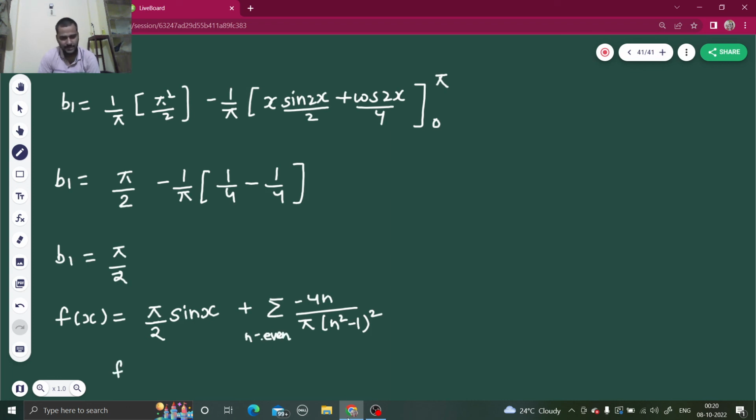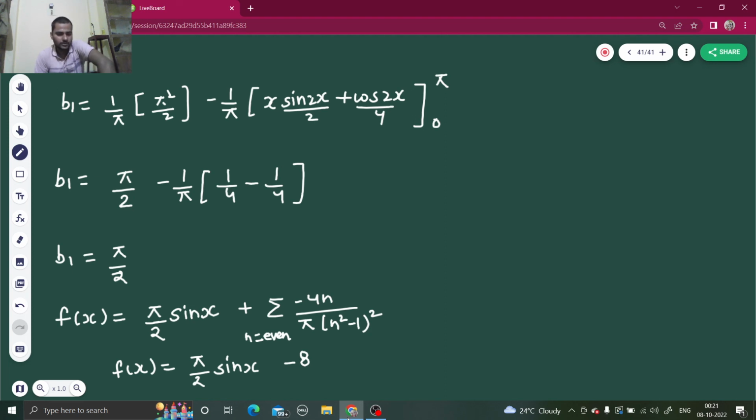So start putting even values. So this is minus 4, even value will be minus 8 when you put n equals to 2, n equals to 0 is anyway going to cancel.